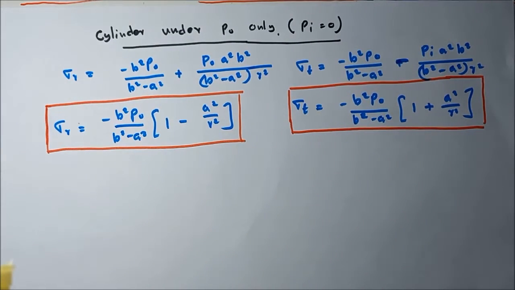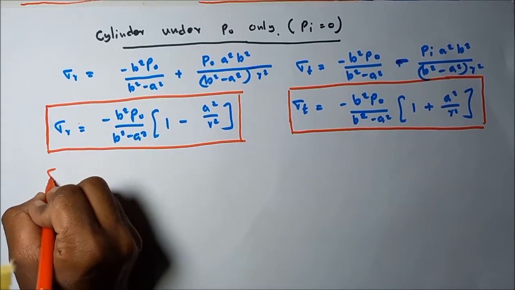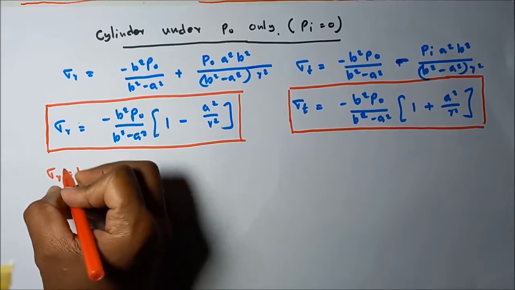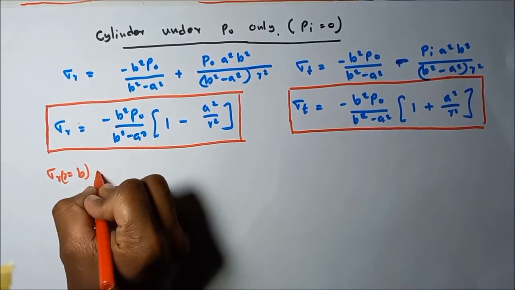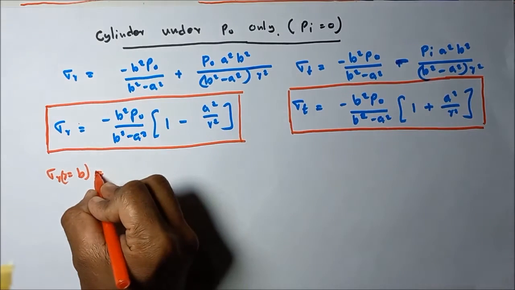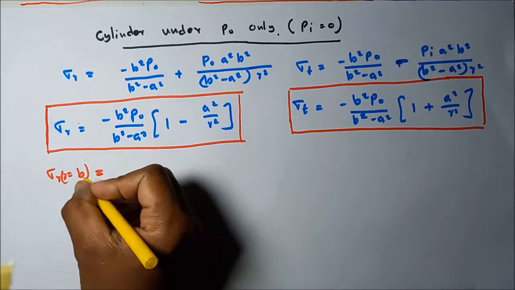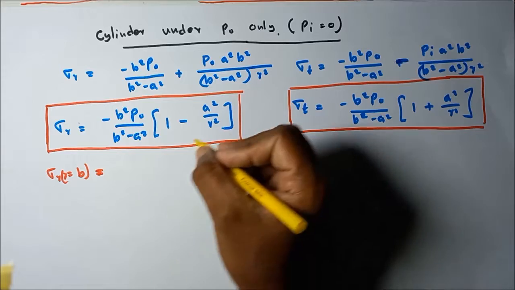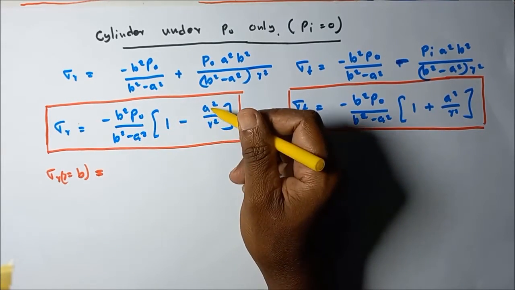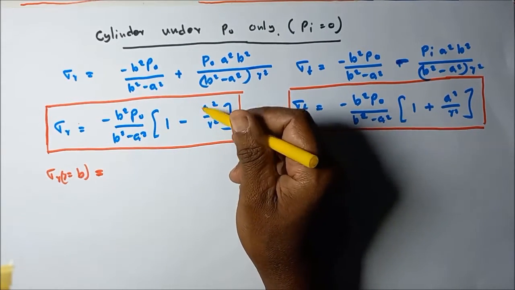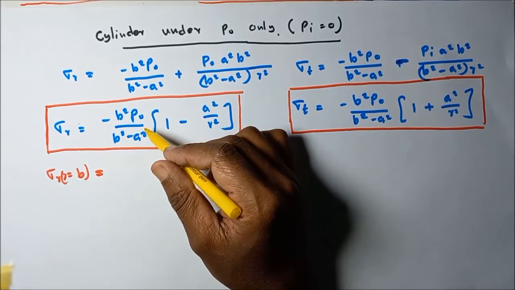Then let me find the maximum and minimum values for this one, same as previously. When r is equal to b, that means the outer surface, the radial stress at the outer surface is maximum, because if the ratio becomes minimum, the entire expression becomes maximum.